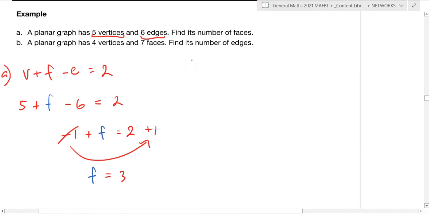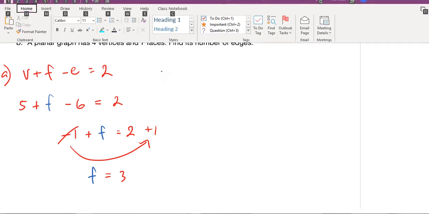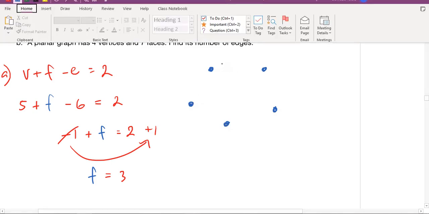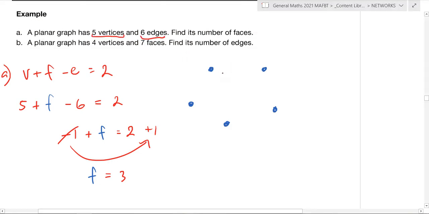All right, so let's do it. It's got 5 vertices and 6 edges, and it has to have 3 faces. I'll start off by drawing my vertices. You've got 5 of them: 1, 2, 3, 4, 5. Now we need to draw the edges. We have to have 6 edges in here, so that it has 3 faces.